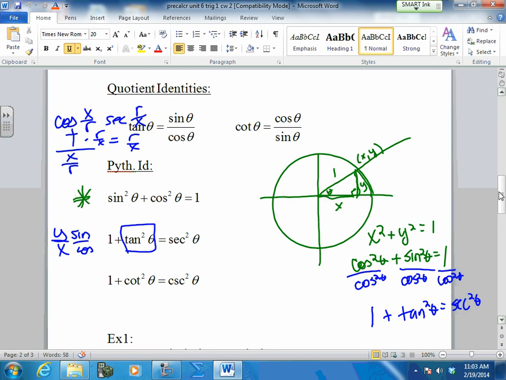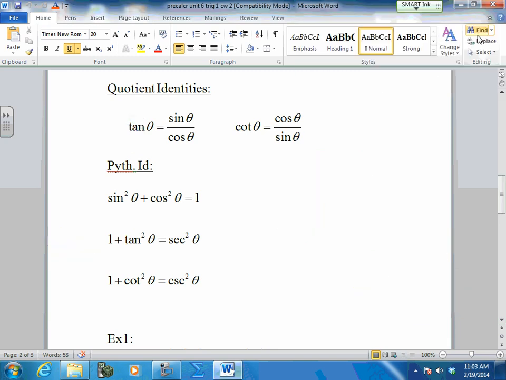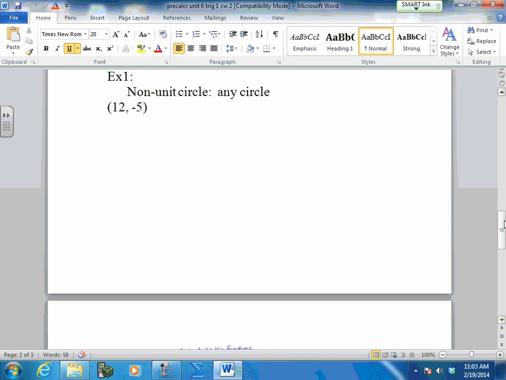Okay. Now, here's a non-unit circle. How did I know by looking at that coordinate that it was a non-unit circle? I don't know, let me think. Radius on a unit circle is what? 1.